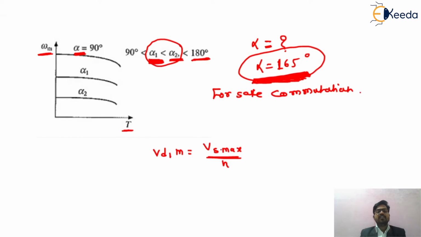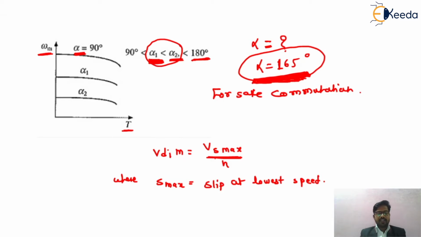So we can rewrite this equation of VD1 as Vs max divided by N, where s max is the slip at the lowest speed. Why do we call it the slip at lowest speed? Because when the value of slip is reduced, then obviously speed control is obtained.